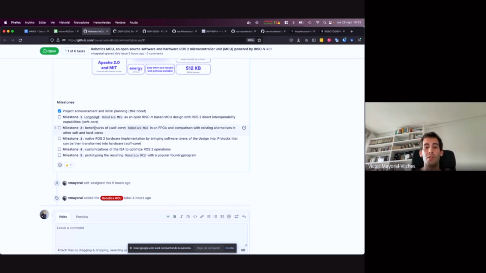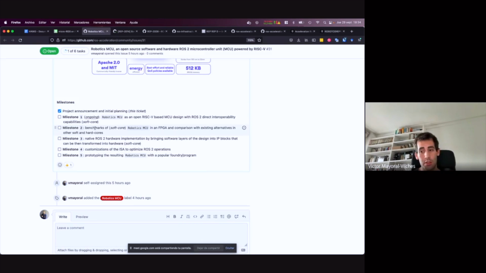But we believe we can bring some of those software layers that we'll be using into IP blocks. And these IP blocks can then be transformed into hardware. And this is going to further improve the capabilities, further provide additional determinism, and thereby some additional real-time capabilities. So this will be what we will tackle, and we will do so in spirals in milestone 3.